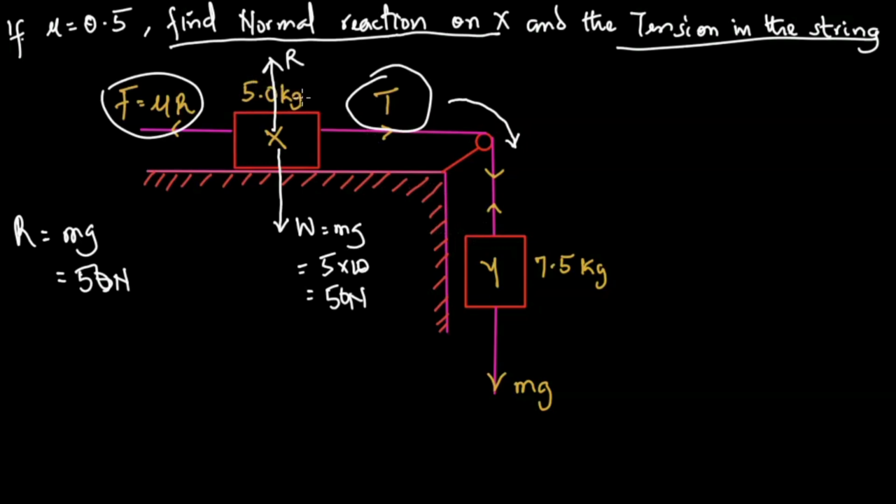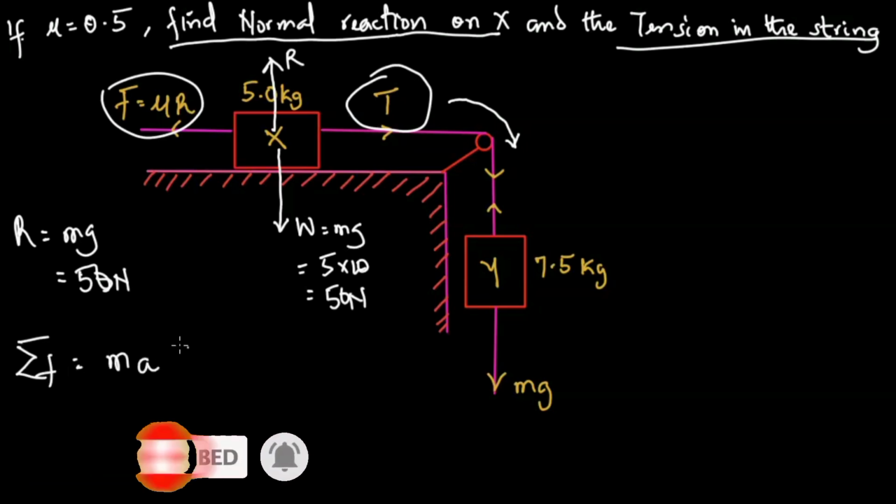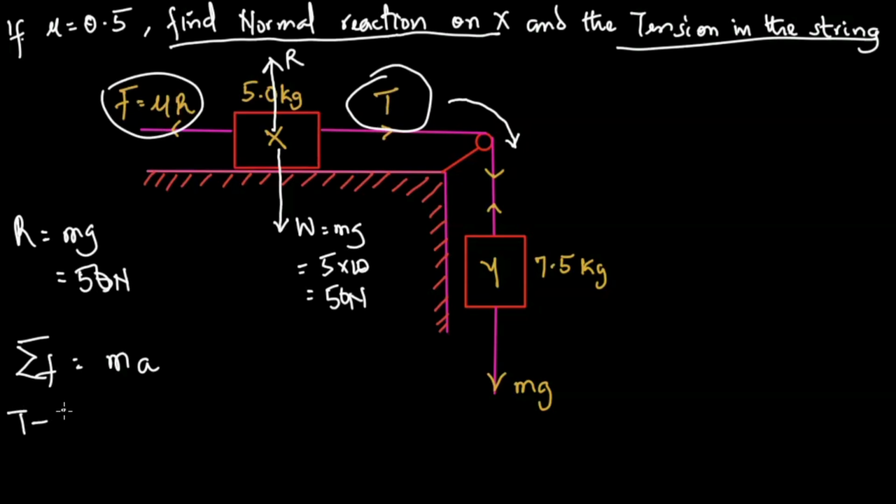Here we have 7.5 kilogram pulling down 5.0 kilogram. And so from Newton's law of motion, we know that net force is mass times acceleration. Our net force will be the tension minus the frictional force, because the tension is more than the frictional force, and that equals ma.